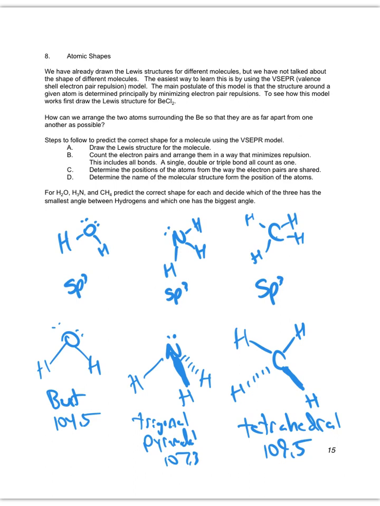Okay, so there's the hybridization, the shape of the molecule, tetrahedral, trigonal pyramidal, and the bond angle. And as we're going along, we need to be careful about all of that as we're using them. Okay, so there's that.